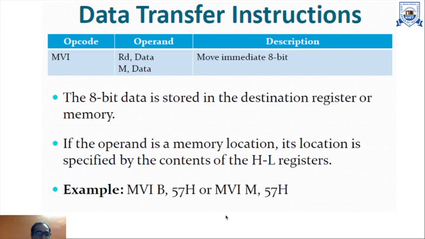The same happens in the memory, M data: M is memory, so the immediate data will be copied to it. The example is MVI B, 57H, where 57 is the immediate data that will be copied into register B. Or in this other example, 57 is the immediate data that will be copied into M.